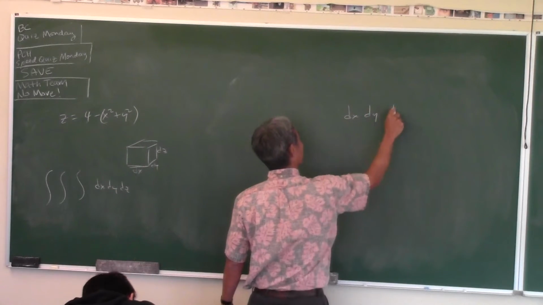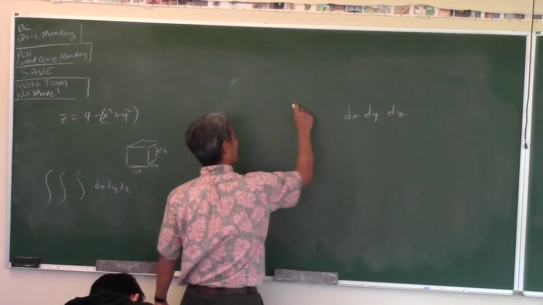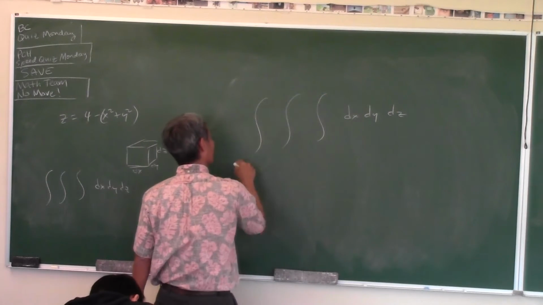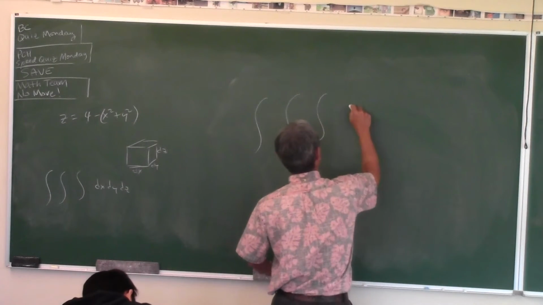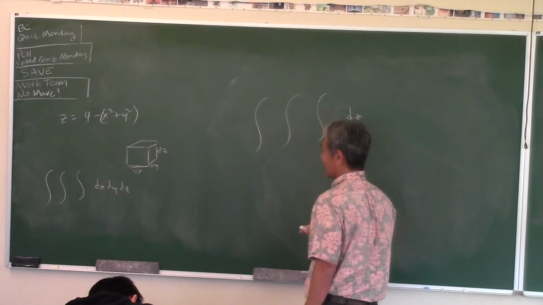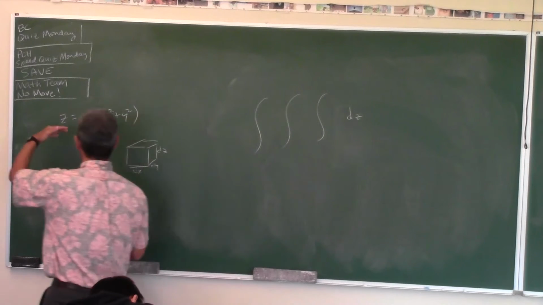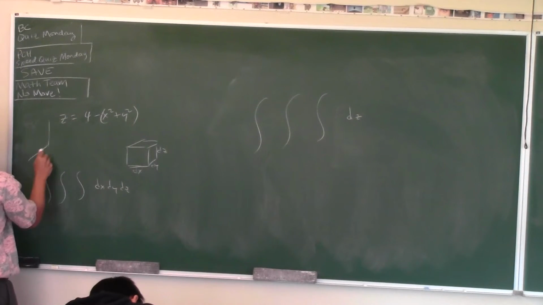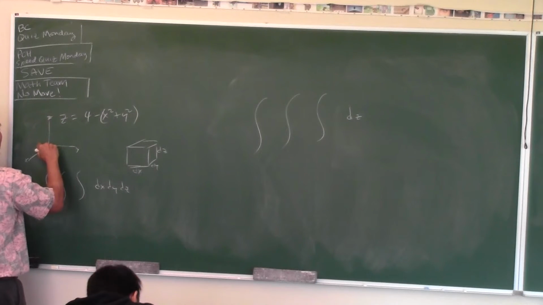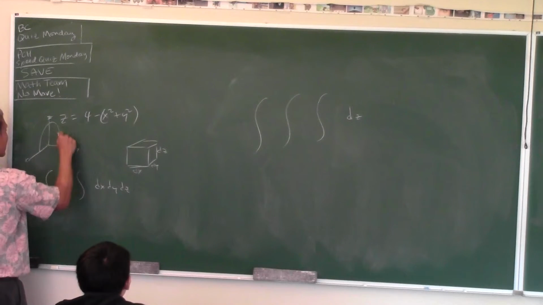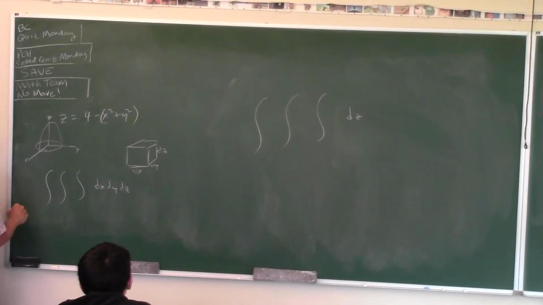dx, dy, dz, okay? And we're going to go triple integral. Now, the first integral, I think we should do it with respect to z first. So this is a paraboloid. Let me attempt to draw this again. That's pretty ugly.